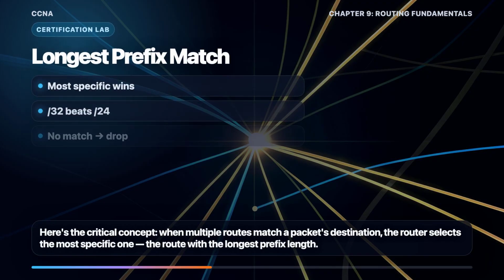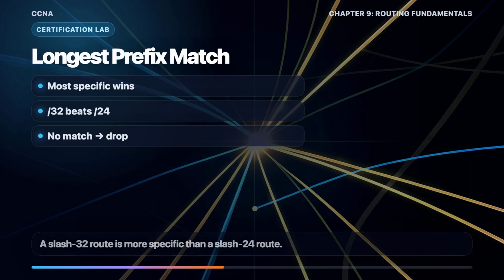Here's the critical concept. When multiple routes match a packet's destination, the router selects the most specific one, the route with the longest prefix length. A /32 route is more specific than a /24 route. This is called the longest prefix match rule.